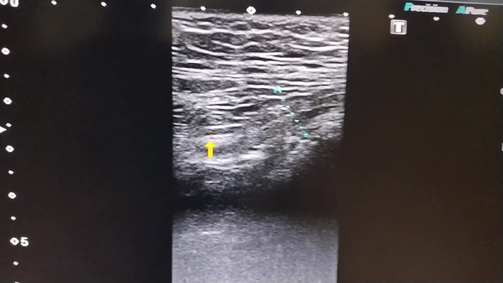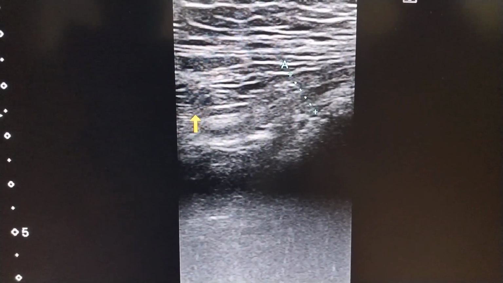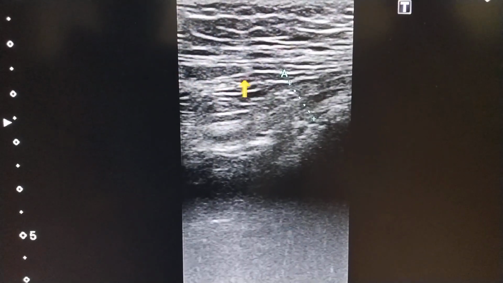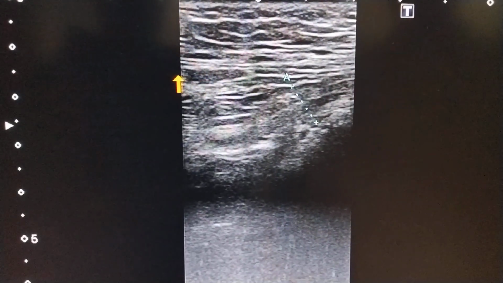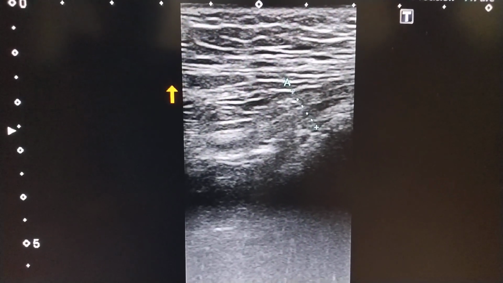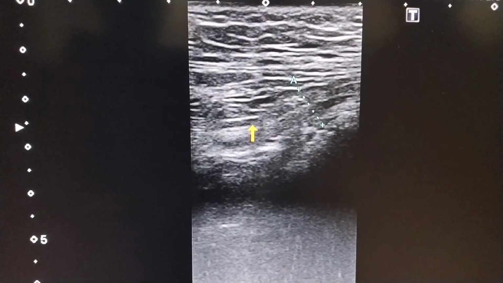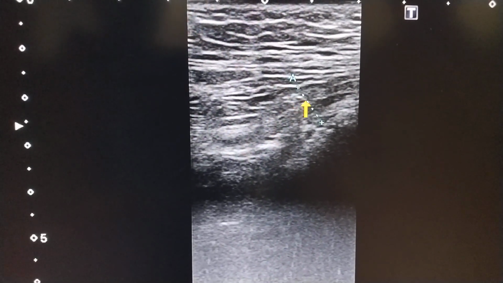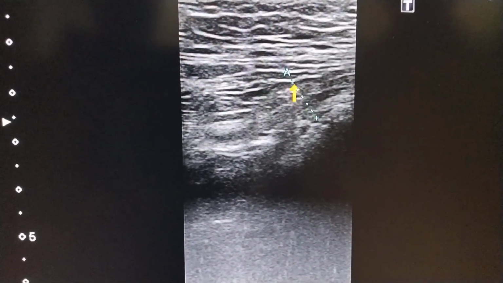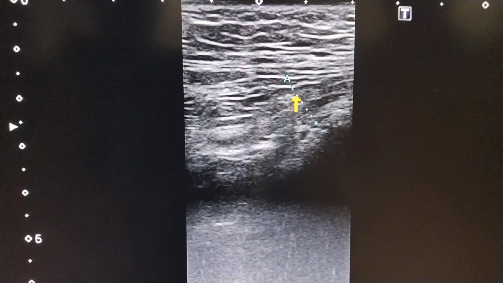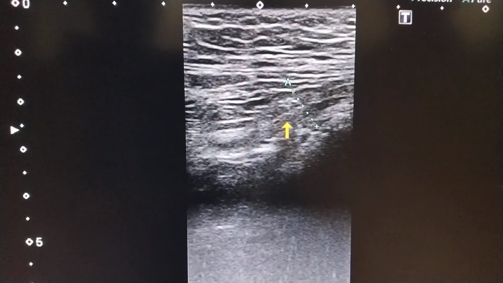If you appreciate, this is the structure which is passing. This is the anterior wall, this is the posterior wall of the inguinal canal, and there is a structure within the inguinal canal passing through this superficial inguinal ring.